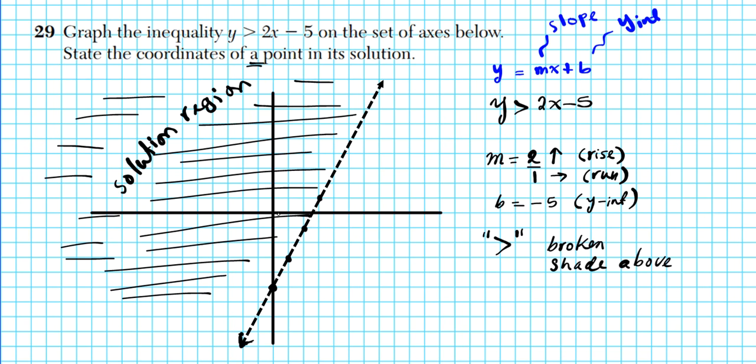So how about I pick this point right here, 0, 0. 0, 0 is a solution. Why? Because it falls in the shaded region.